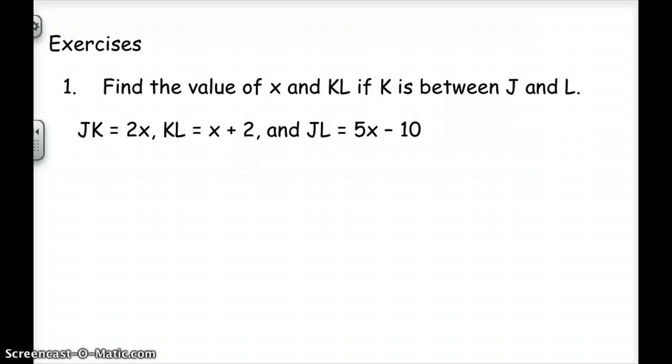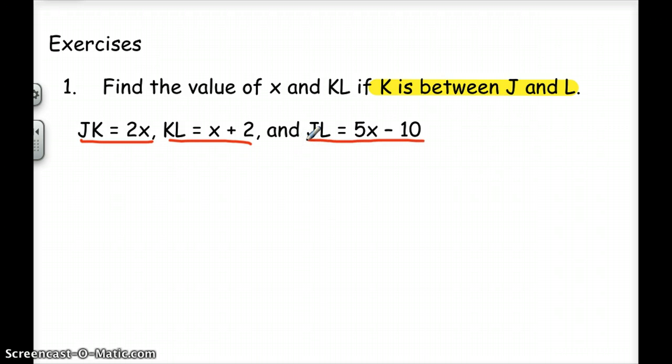Exercise number 1 says, find the value of x and then find KL if K is between J and L. And then I'm giving KJ as 2x, KL as x plus 2, and JL as 5x minus 10.